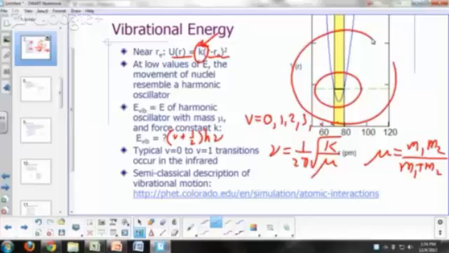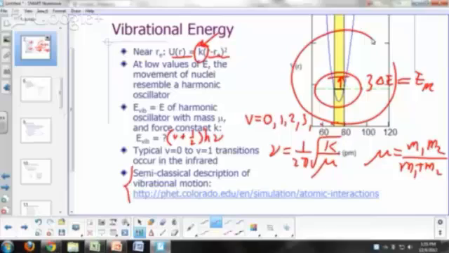Transitions from v equals 0 to v equals 1, that delta E, would generally correspond to an infrared photon. So you probe transitions involving changes in vibrational energy with photons in the infrared. We did that in the lab for a few of the molecules, remember?